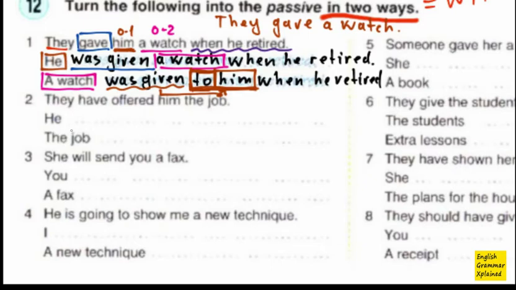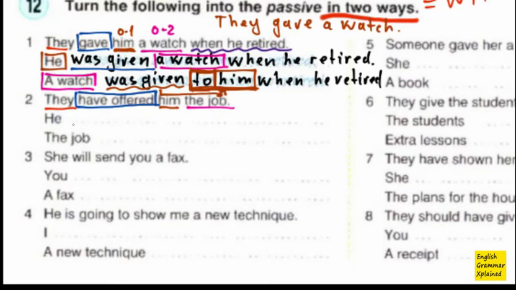Okay, enough with that. Number 2, they have offered him the job. Here I again have this they, that's my subject, and then I have this present perfect main verb, and here I have object number 1, and this is object number 2.